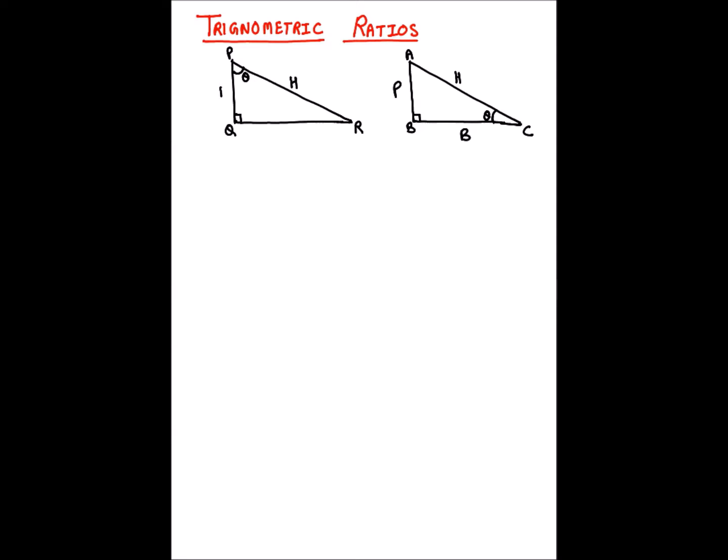But in triangle PQR, angle P is our angle theta, so side PQ which is adjacent to theta is base, and side opposite to theta is QR, which is our perpendicular. So our first step is to find out for angle theta what is our base and perpendicular. Hypotenuse obviously will be the longest side of the right angle triangle.